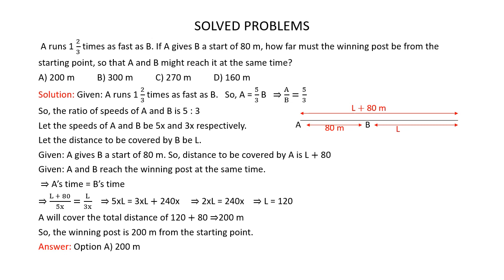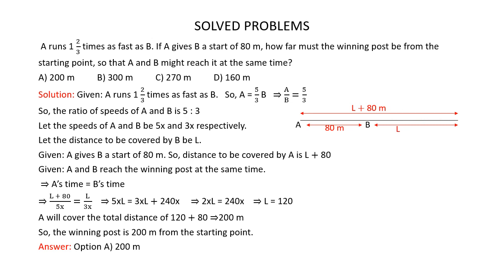So the distance covered by A is L plus 80 meters. The distance covered by B to reach the winning post is L meters, and since A gives B a start of 80 meters, the distance covered by A to reach the winning post is L plus 80 meters.